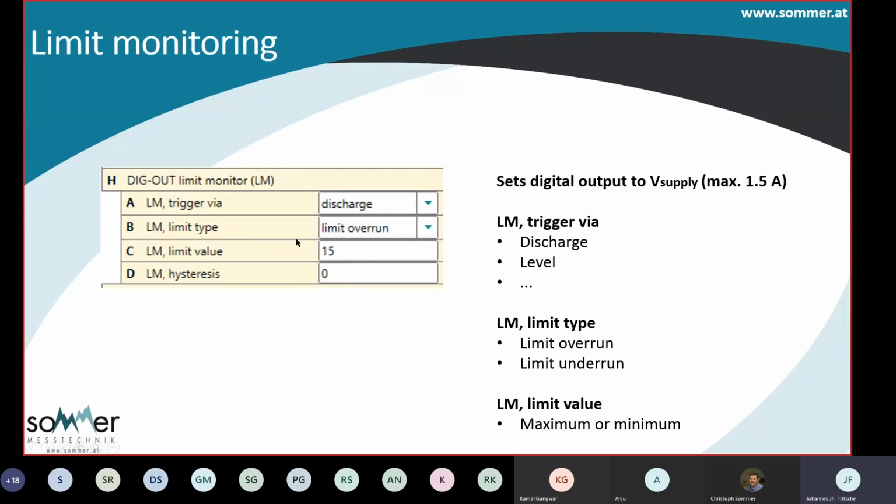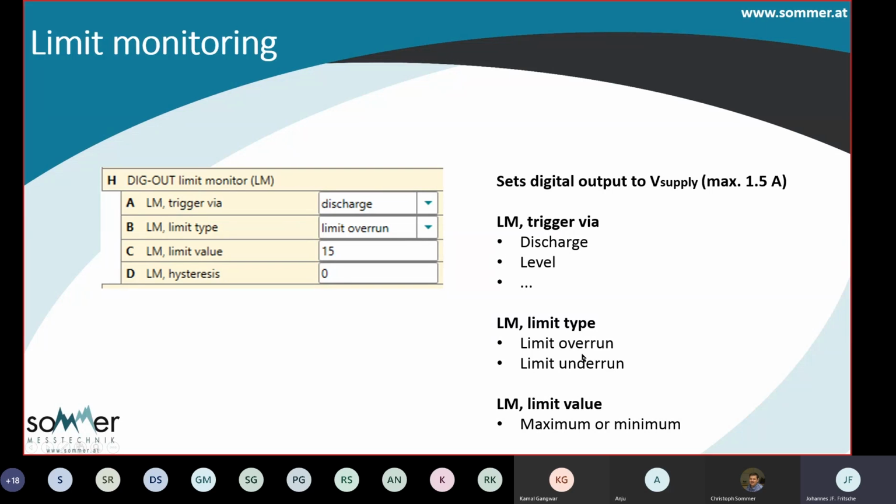If this discharge is exceeded, the digital output of the RQ system will be set high. That means to the supply voltage of the instrument. And as soon as the discharge falls below the 15 cubic meters again, the digital output will be set to 0 again. And you can set this trigger to discharge or a level measurement.